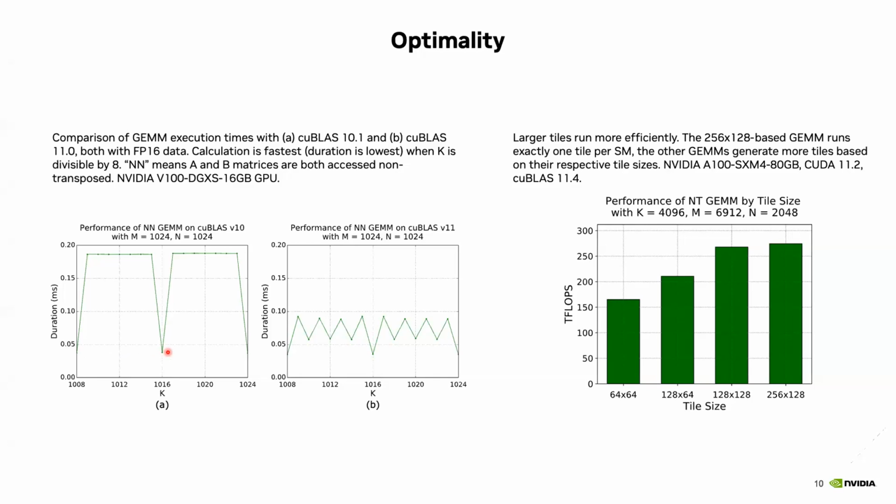This was on a previous cuBLAS implementation. Of course, NVIDIA always improves these things, and in a new version things get more even. But still, if you have this knowledge, that, let's say, your number of channels is divisible by 8, you're going to get more out of your GPU. And on the right, we see the dependence on the tile size. Obviously, the bigger tiles, the better, as long as they can fit into an SM. We will always get more flops throughput there.